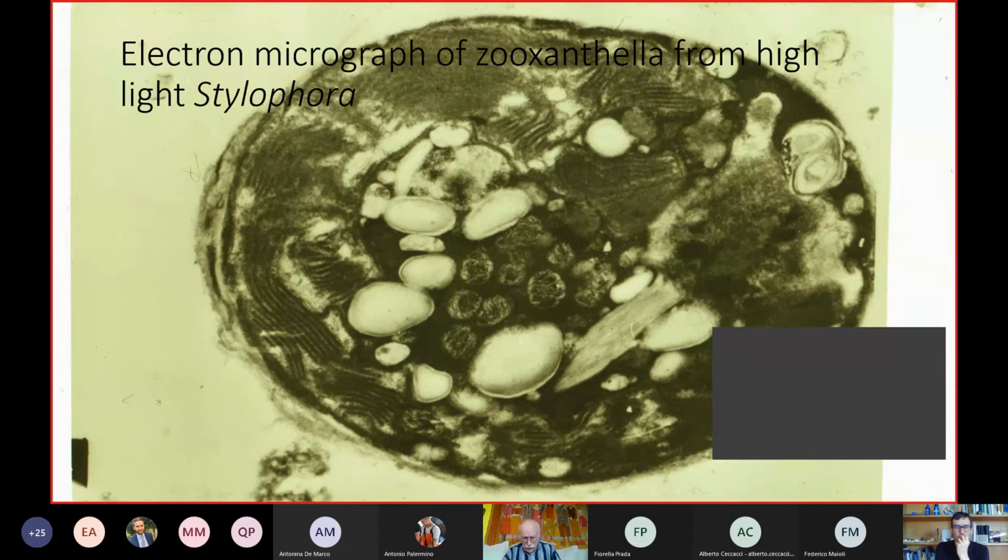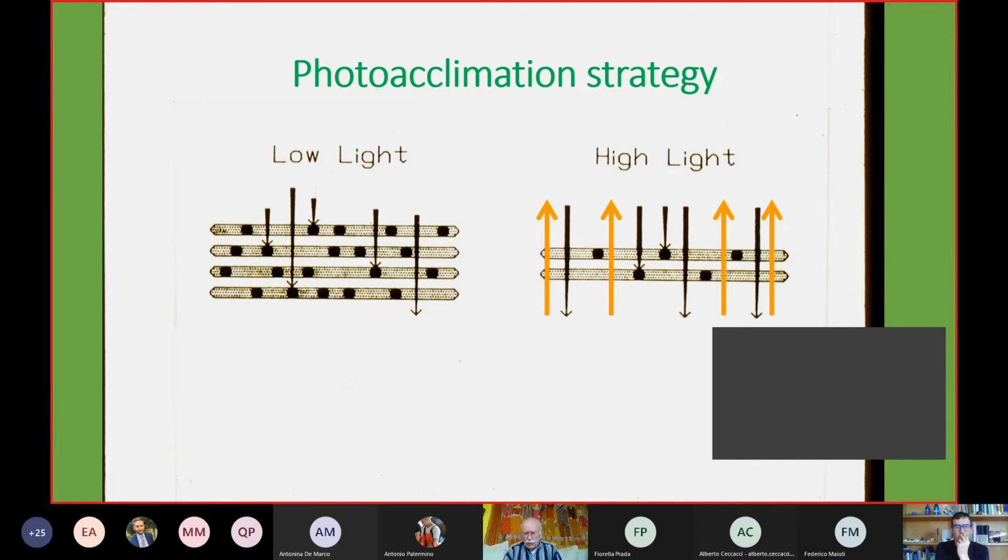And if you see a similar section of the high light coral zooxanthellae, you can see that there is much less pigment, and you see also the droplets of the photoprotective carotenoid. And really that is the model for high and low light acclimation in general.